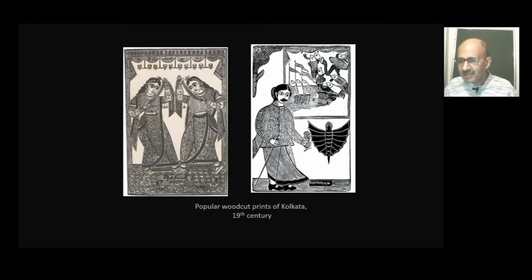Now you see the same image in woodcut prints, which clearly indicates that there was a continuation as far as imagery is concerned from the Kalighat painting to the woodcut prints. But in woodcut prints, of course, new imageries also have come up.